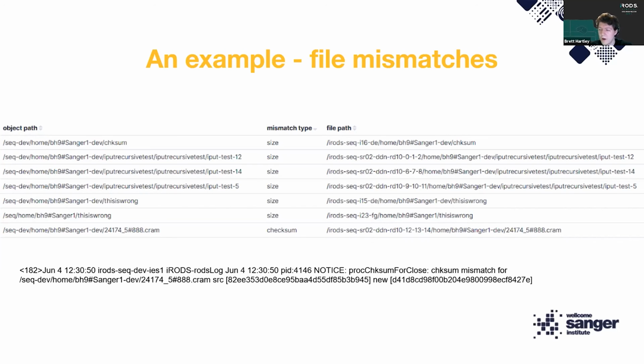We are hopefully looking at that in the future, which would add to this file mismatches thing. It gives us the ability to better observe what's going on, and therefore better react to changes and errors, and almost do it before the users noticed in a lot of cases, which is really powerful.